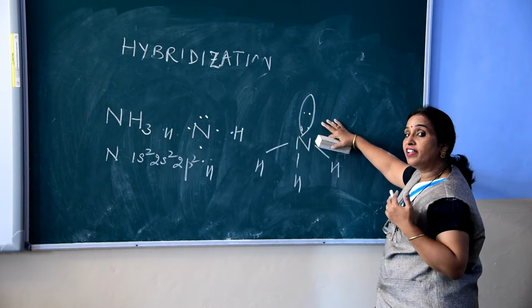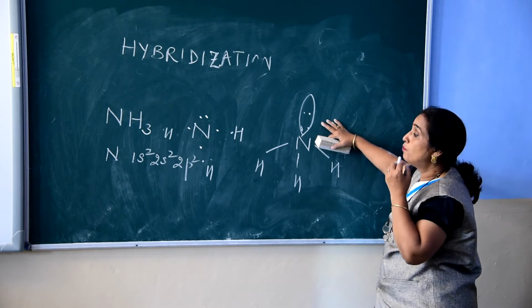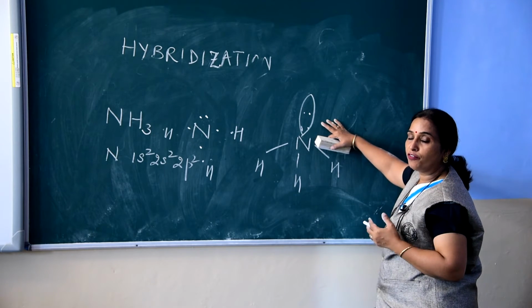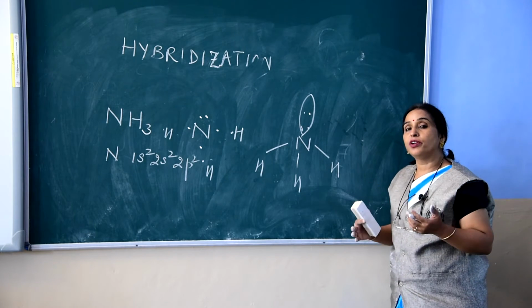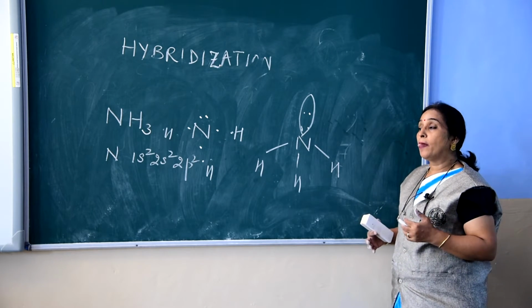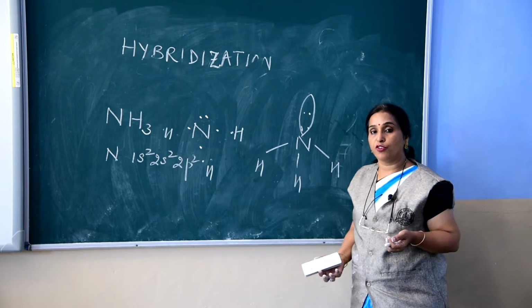So, seeing these examples, we can also say that by calculating the steric numbers of each of the bonds that are present or the lone pairs of electrons that are present, we can indirectly calculate the hybridization of the compound if we cannot, or every time we cannot, represent the structure of the molecule.